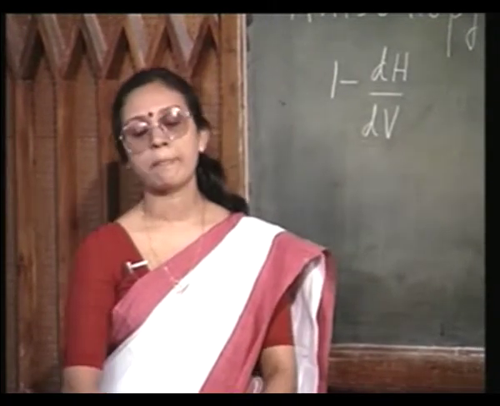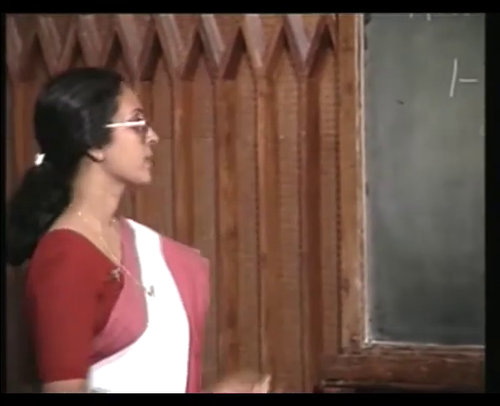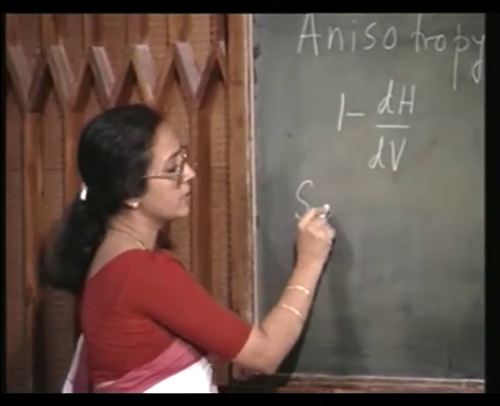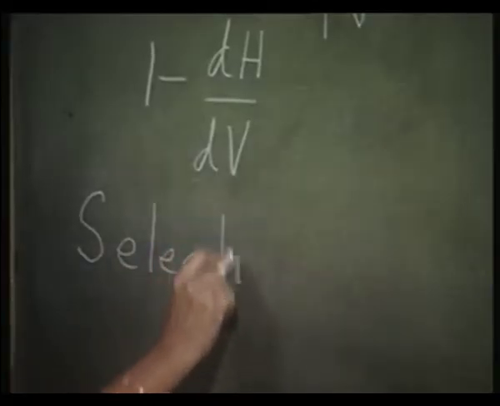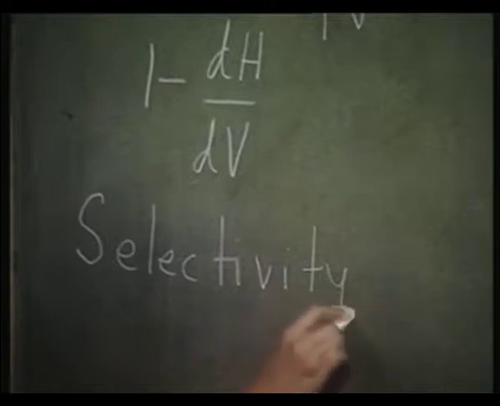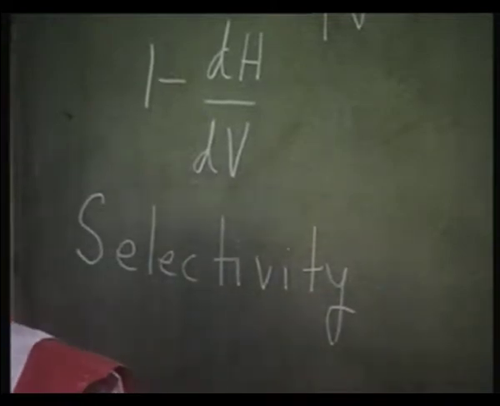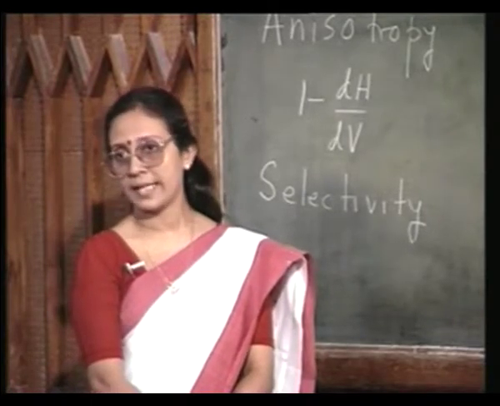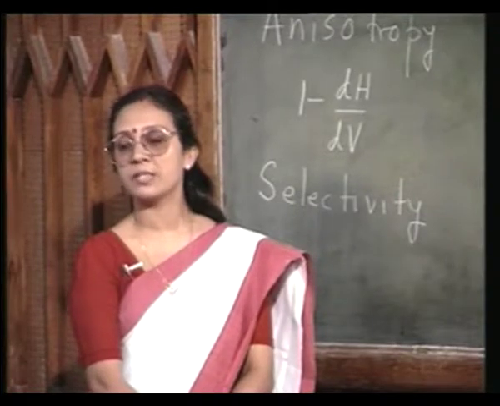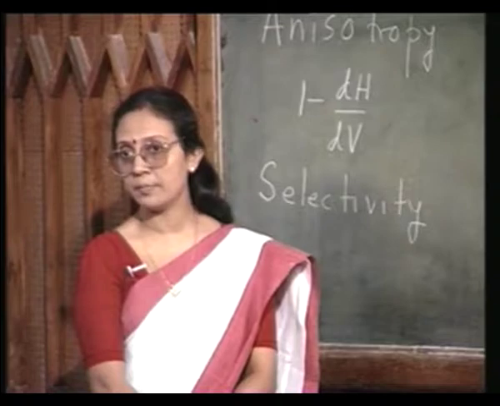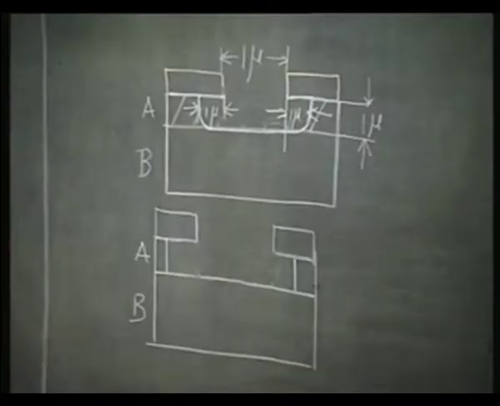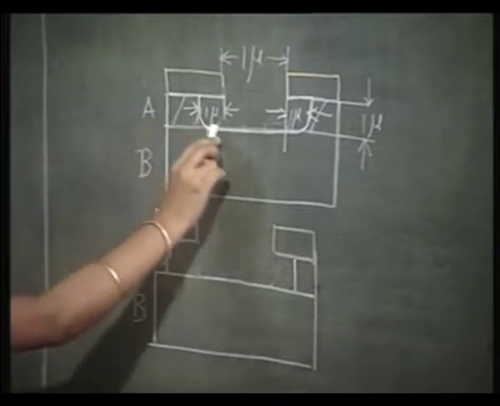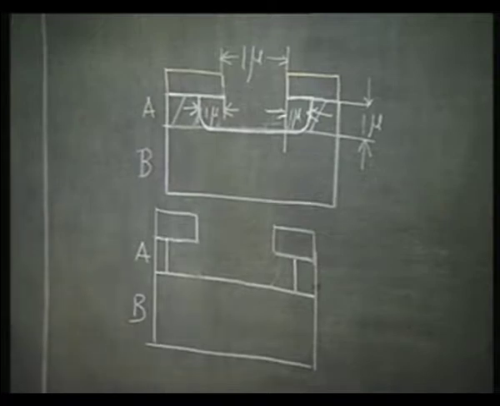You get it? The other figure of merit for any etching system is its selectivity. And what is selectivity? Take this example. I have two materials A and B. I want to etch material A but not material B. So, I want to ensure that when the material B is exposed, when the etching has progressed up to the interface between A and B, the etching automatically stops.